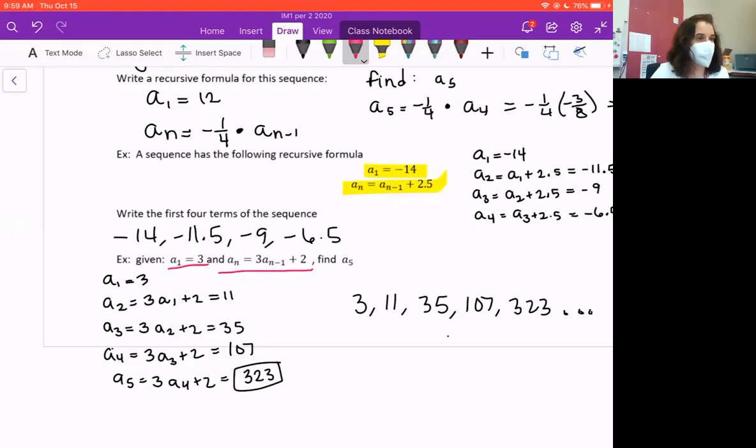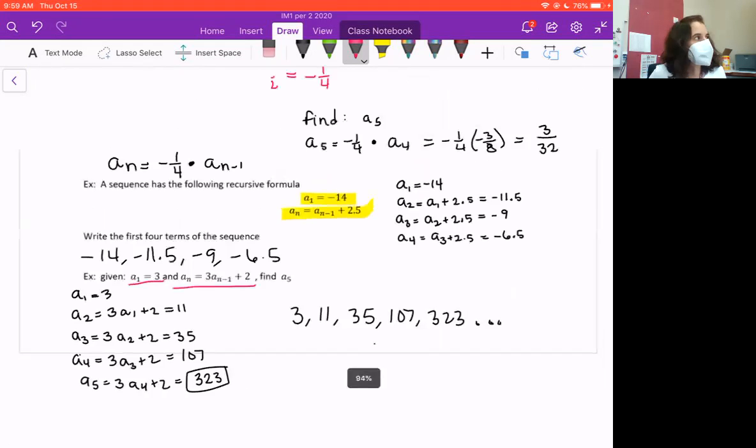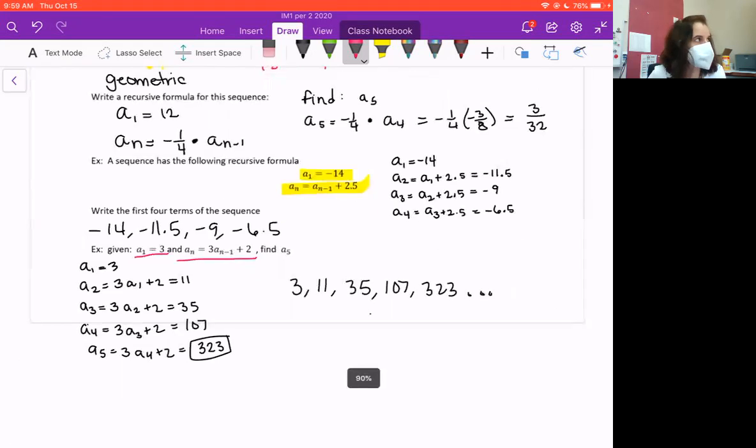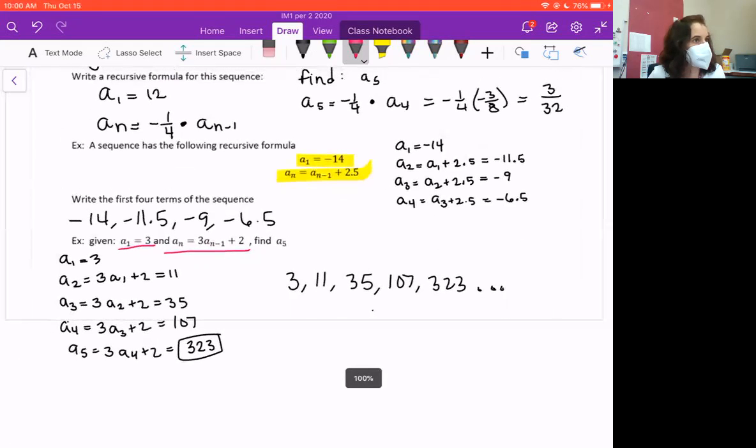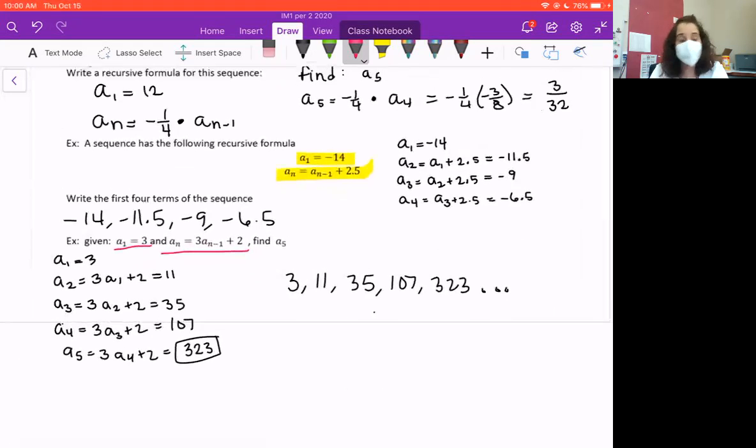And then there is a part on Delta Math where you're doing percent multipliers like we did on the warm-up. How do you show a 5% increase? How do you show a 24% decrease? Just like we did on the warm-up, what do you multiply by in order to increase or decrease by a percent? Okay, so that's where we are there.